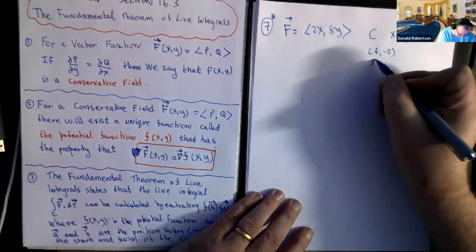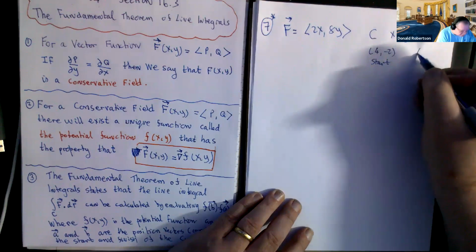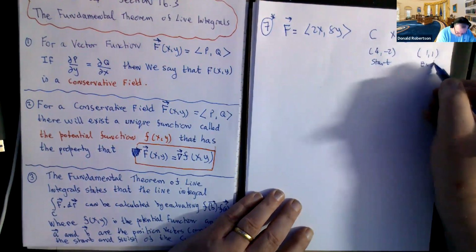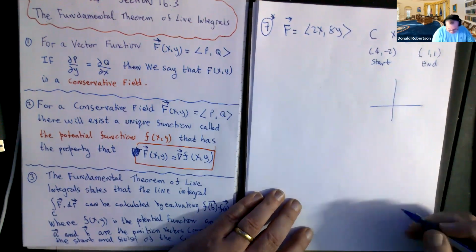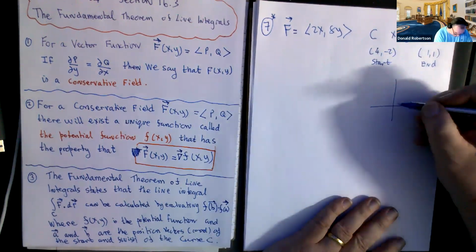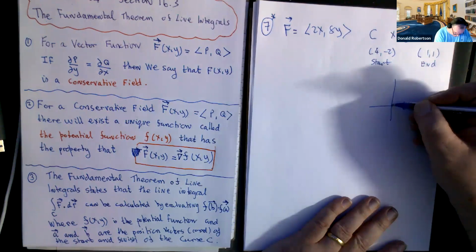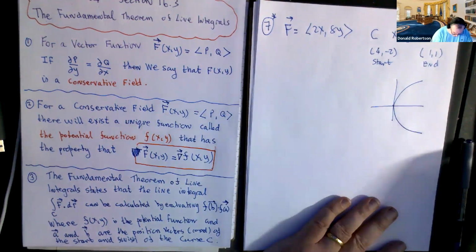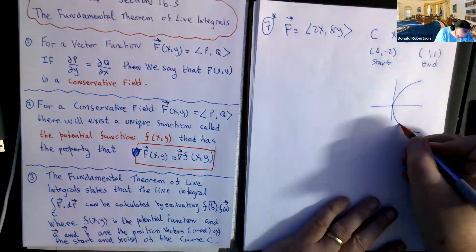So that's basically the start. And it's going to finish at 1, 1. That's the end. And if you wanted to draw what x equals y squared looks like, it basically looks like this guy. And we're going to start at some point called 4, -2, which I'm guesstimating is about here.